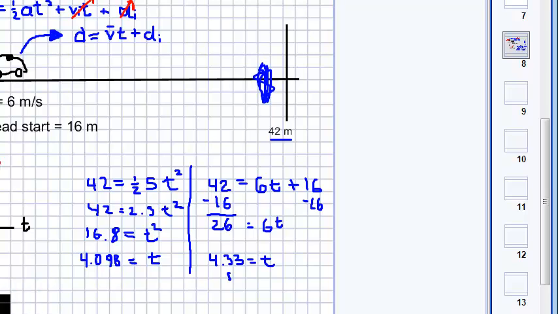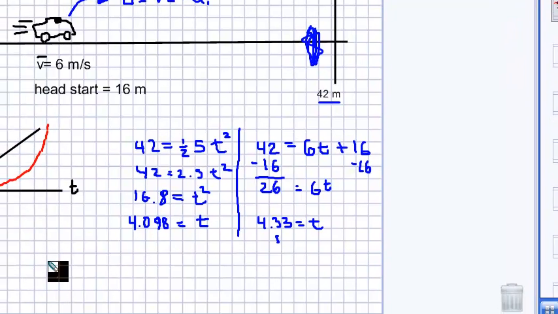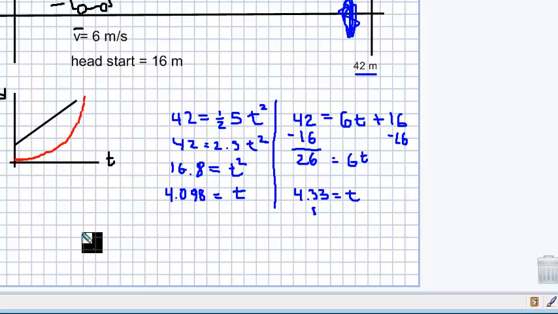So you're going to have some choice times when they might have passed. Let's put some choice times in here. That's all going to be nice whole numbers. So we could say maybe at the 2-second mark, at the 3-second mark, at the 4-second mark, the 5-second mark, the 6-second mark. Let's say those are our choices: A, B, C, D, and E. At what time do you believe they pass?